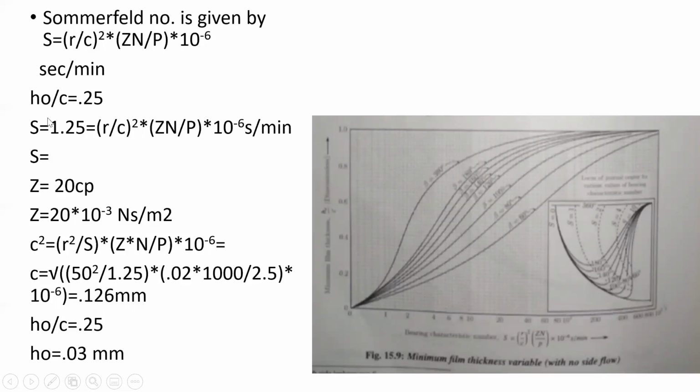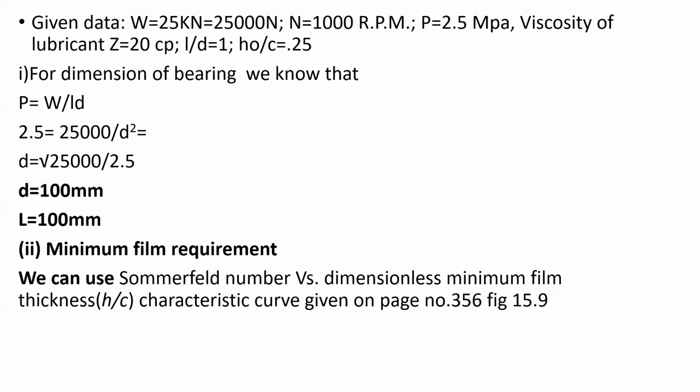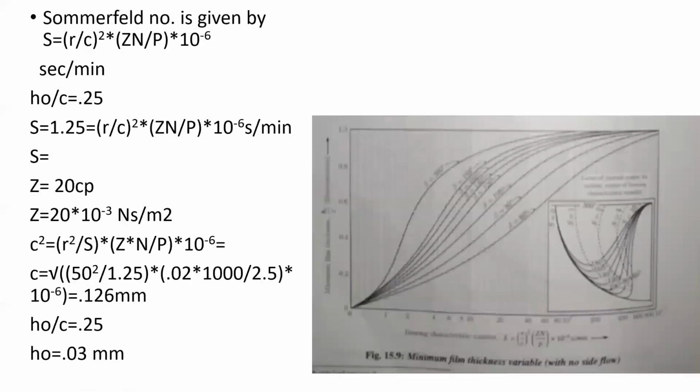So h naught by c is on the y-axis, so we will mark 0.25 on the y-axis and transfer this point to the beta equal to 360 degree curve, because it is given in your problem that it is a full hydrodynamic bearing. A full hydrodynamic bearing means a 360 degree bearing.